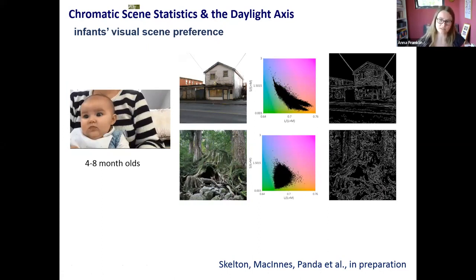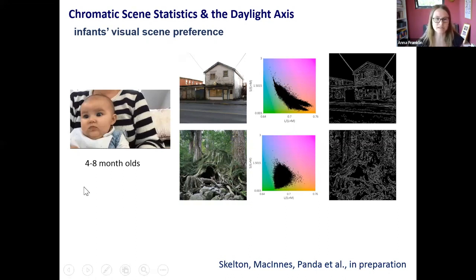And we've just started to investigate this. So this study here is a study where we're looking at what aspects of a scene infants are sensitive to, what chromatic statistics or chromatic properties are infants sensitive to when they look at a scene.